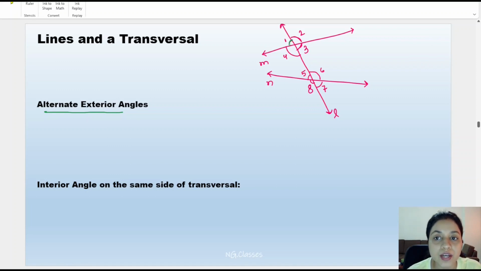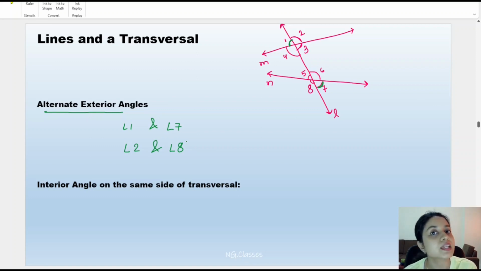So angle 1 is alternate with angle 7 and both are lying in the exterior part of the lines, right? So angle 1 and angle 7. Similarly, angle 2 and angle 8 are also a pair of alternate exterior angles. Now let's see the next one.